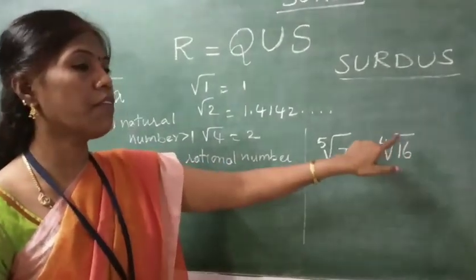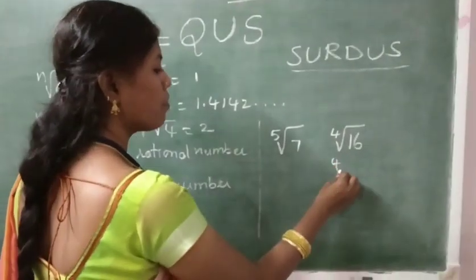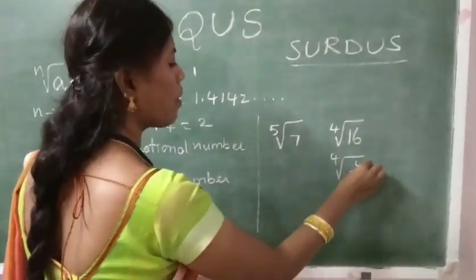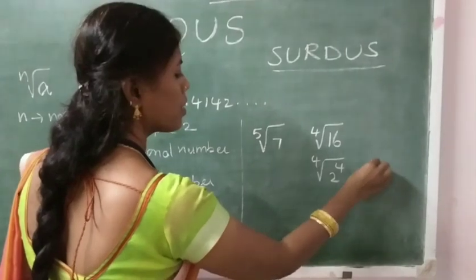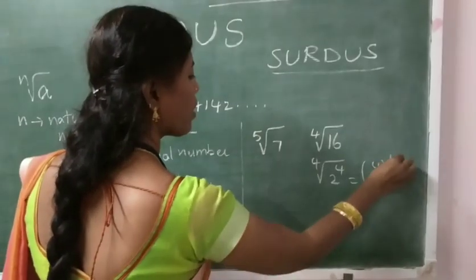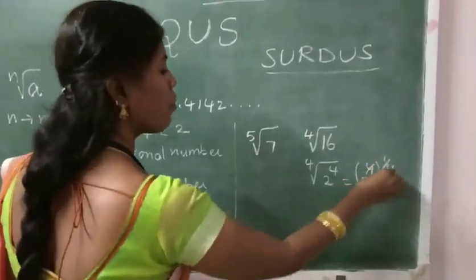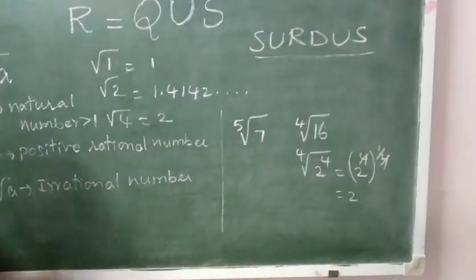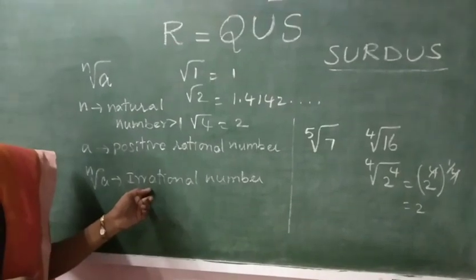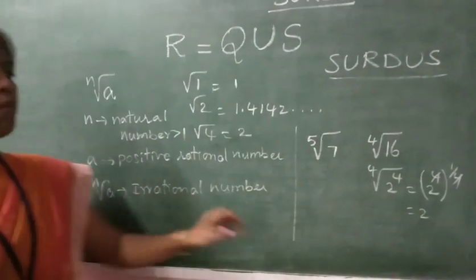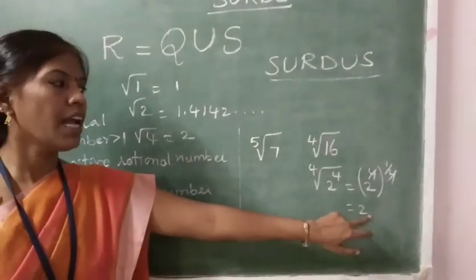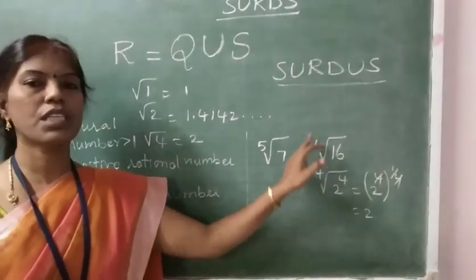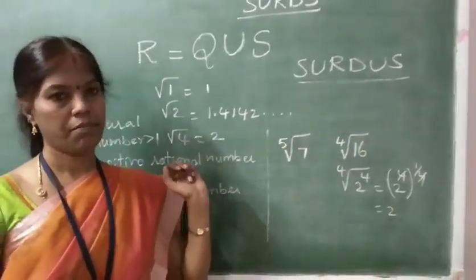Fourth root of 16 can be written as 2 power 4, whole power 1 by 4. The 4 cancels, and what you get is 2. 2 is a rational number, but we said nth root A should be an irrational number. Hence we can say that fourth root 16 is not a surd.